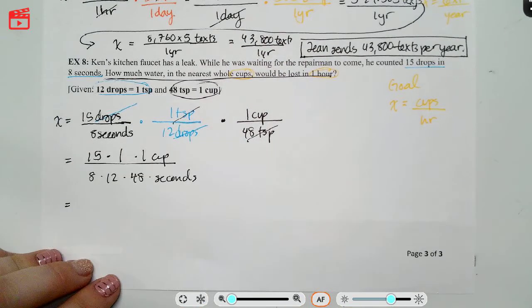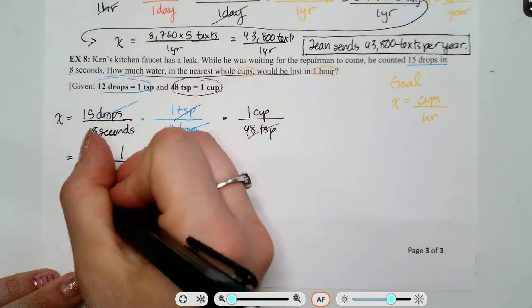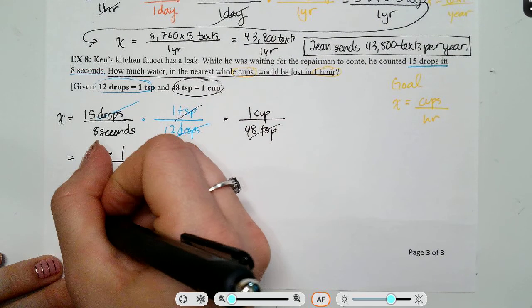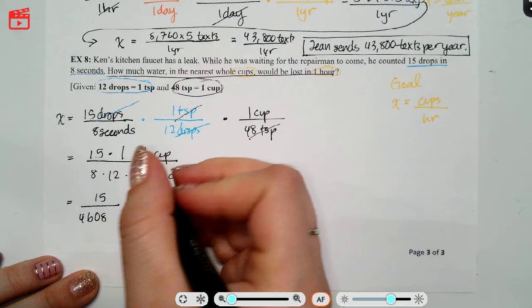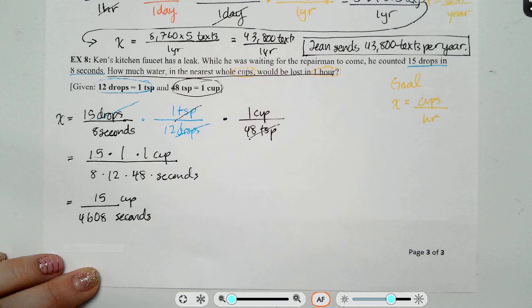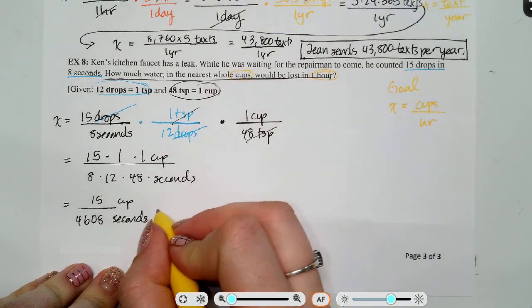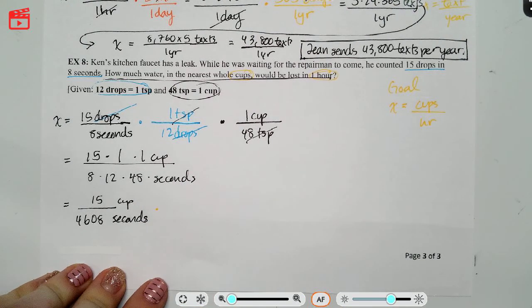Just to speed these things up, you could do the calculations by yourself on the side. Multiplying this out, we're going to get 15 over 4,608 cups per second. But we don't want cups per second, we want cups per hour. So we're going to multiply by, how many seconds are in a minute?